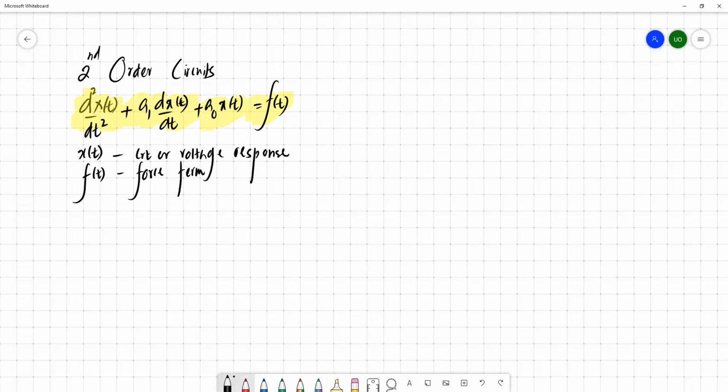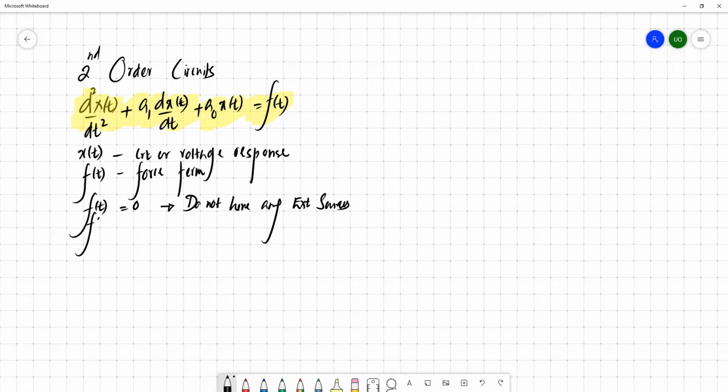and like in the previous cases, if f(t) is 0, we can simply claim that this particular circuit does not have any external sources.